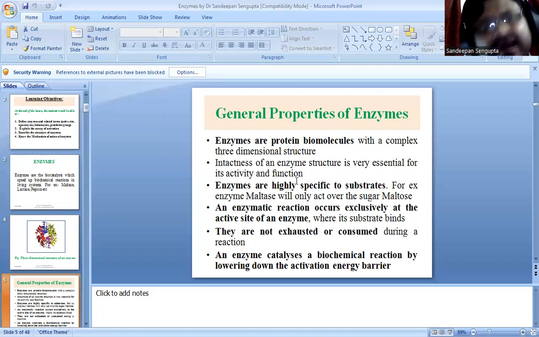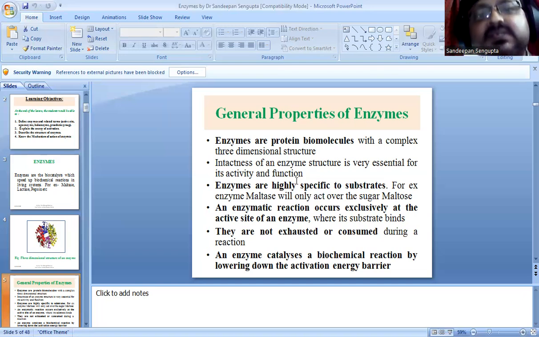And why does it happen like this? Because the active site has a geometry that is complementary to the geometry of the substrate, and only a substrate with a complementary geometry can perfectly fit in. That's why an enzymatic reaction stays confined to a small region of the enzyme called the active site.